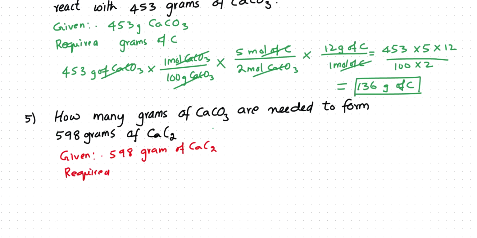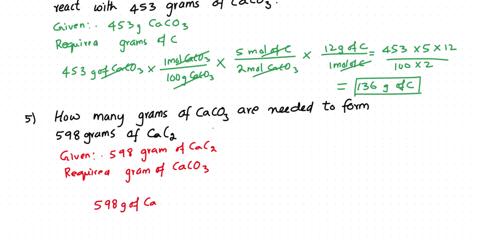So we want grams of calcium carbonate. So first we write grams of what is given, 598 grams of calcium carbide.